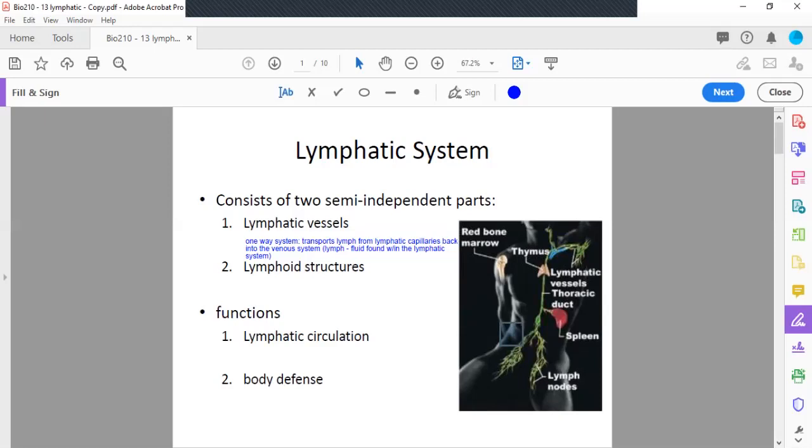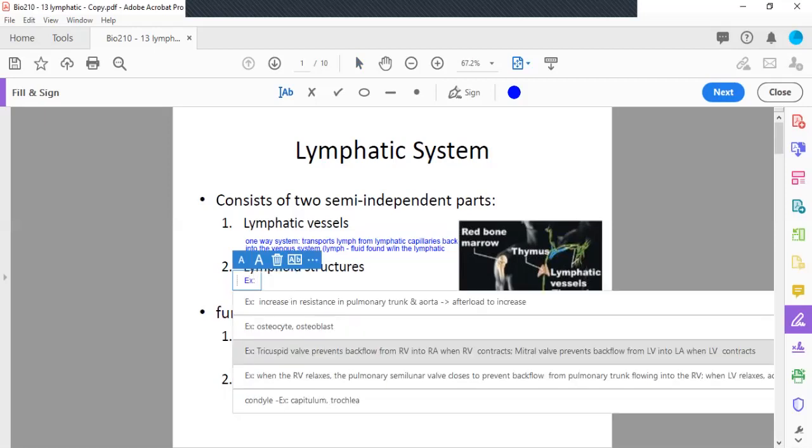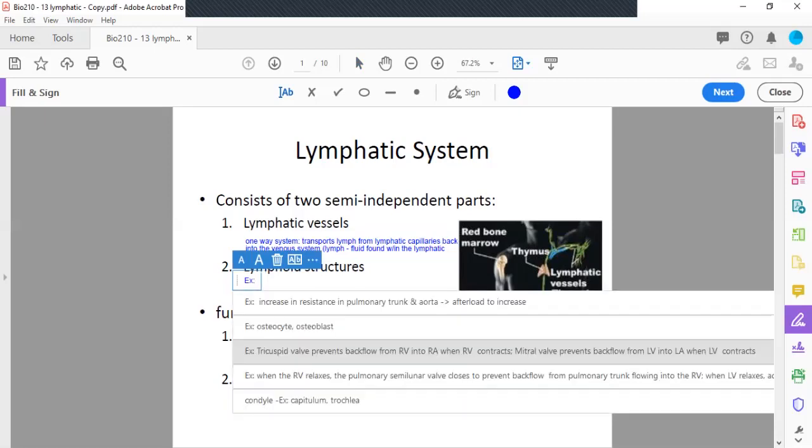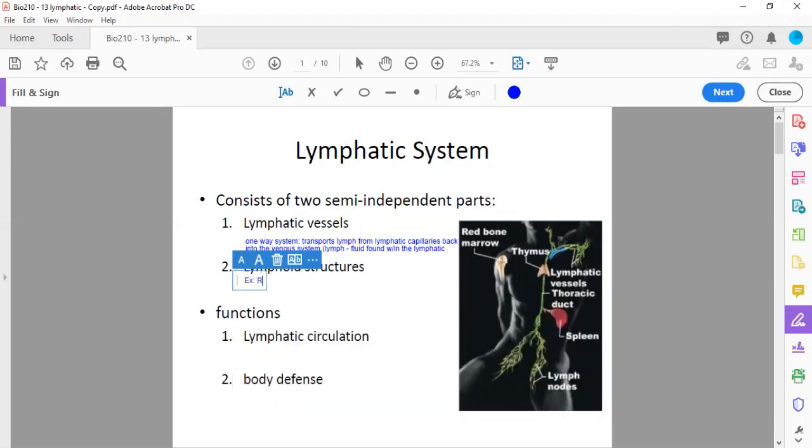So let's give a few examples that we know so far. When you think of examples of lymphoid structures, you think first of bone marrow, but to be more precise, red bone marrow, not yellow bone marrow.